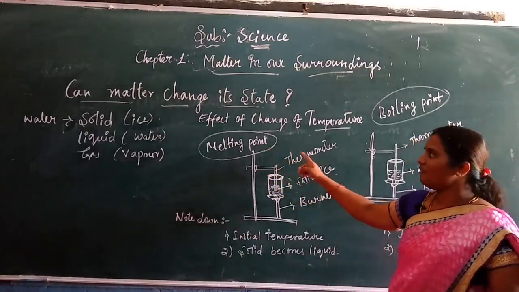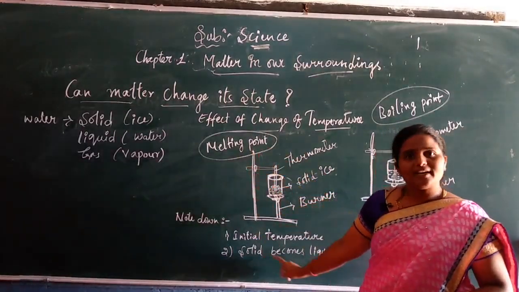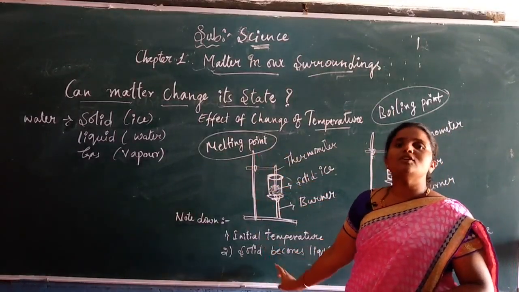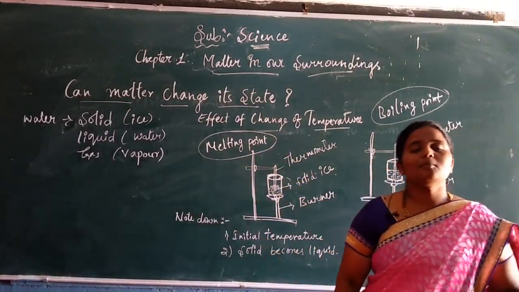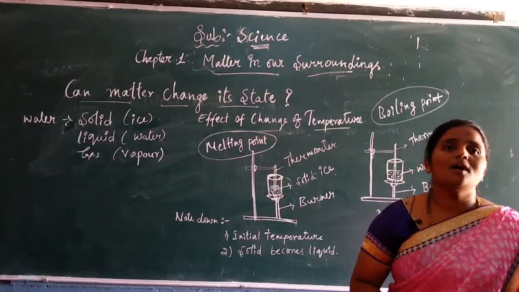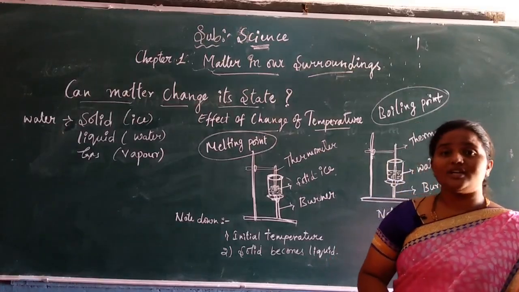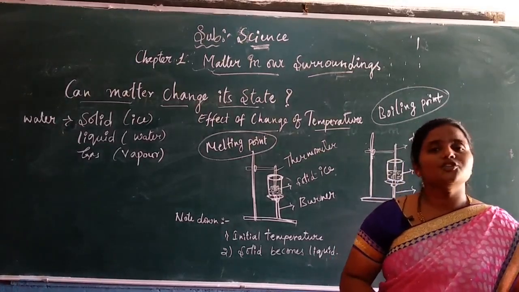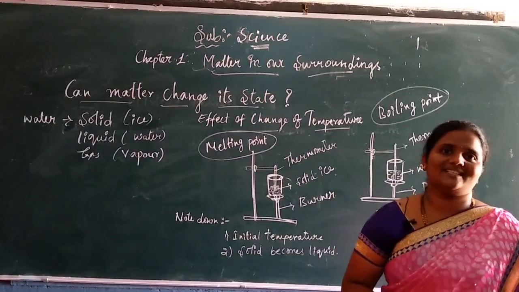Children, we can define melting point as the temperature at which a solid converts into liquid at atmospheric pressure. The melting point of ice is 0 degrees Celsius.